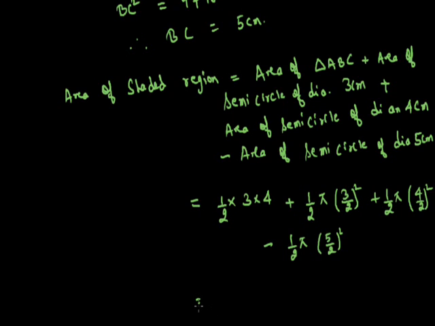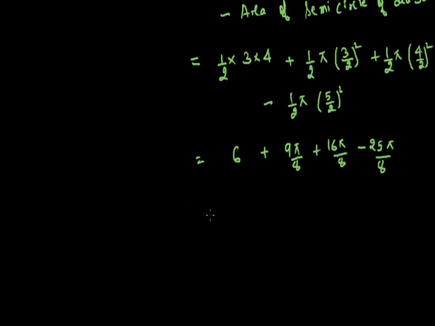Now solving this expression, 6 plus this will become 9 pi by 8 plus 16 pi by 8 minus 25 pi by 8. Now 9 pi by 8 and 16 pi by 8, this is equal to 25 pi by 8.